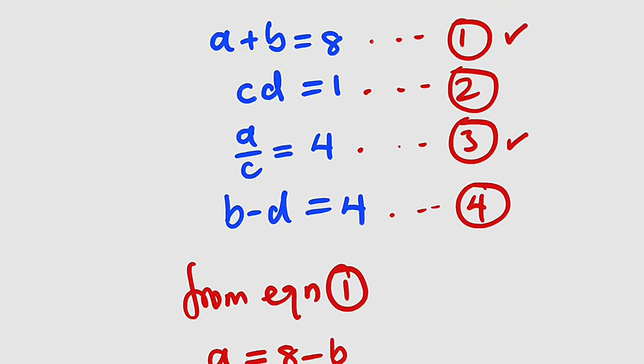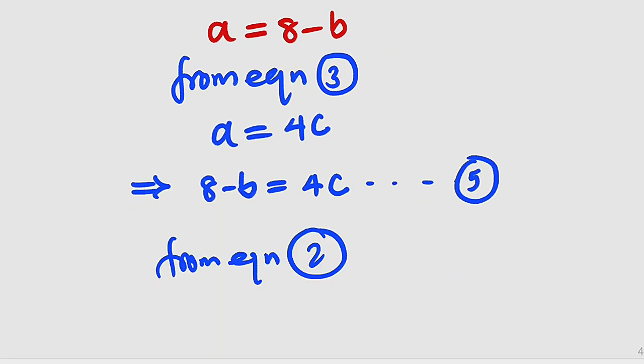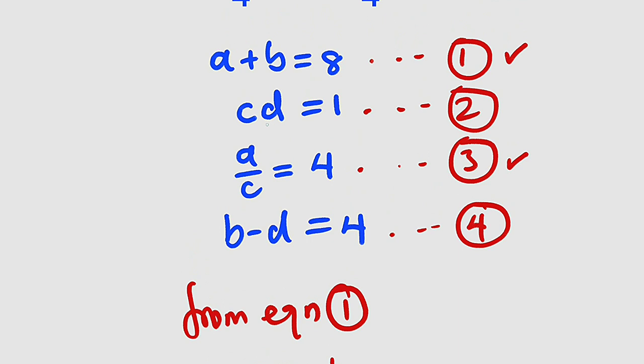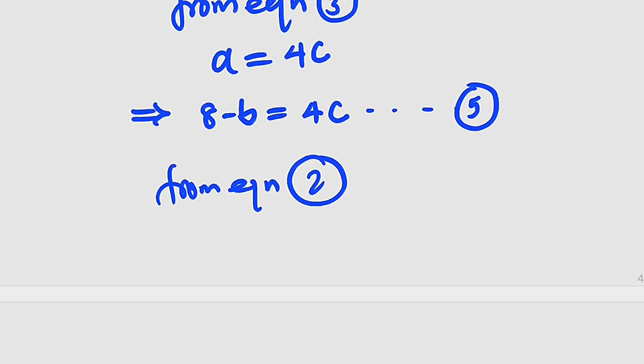You can see that equation 2 and equation 4 both contain d. So we can make d the subject. Let me take equation number 2 first. From equation number 2, to make d the subject, it's as simple as dividing both sides by c. Therefore, d equals 1 divided by c.